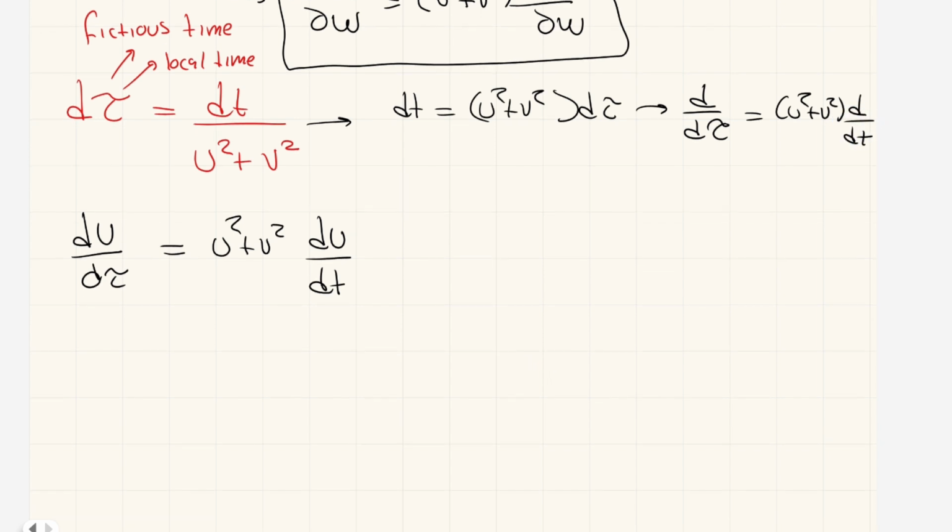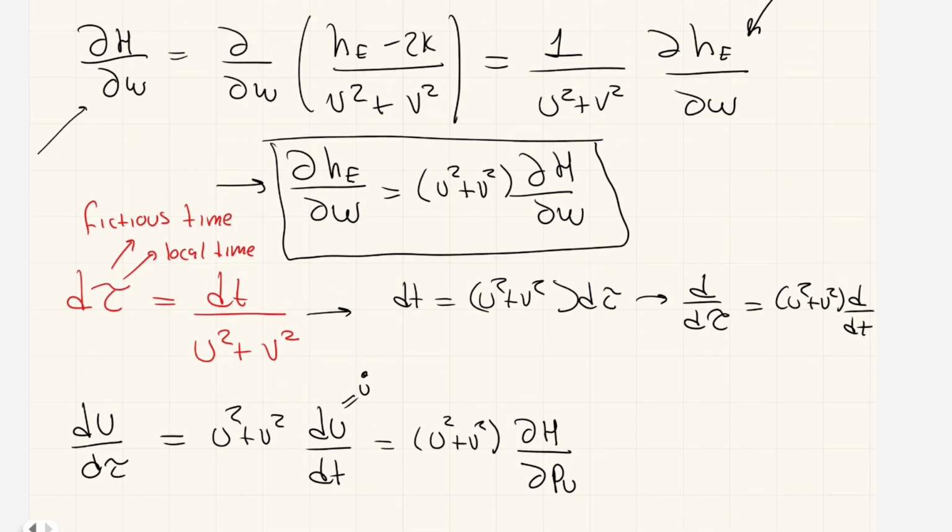Looking that this is u dot, we can use the Hamilton equations to get (u² + b²) times the partial derivative of the Hamiltonian with respect to pu.